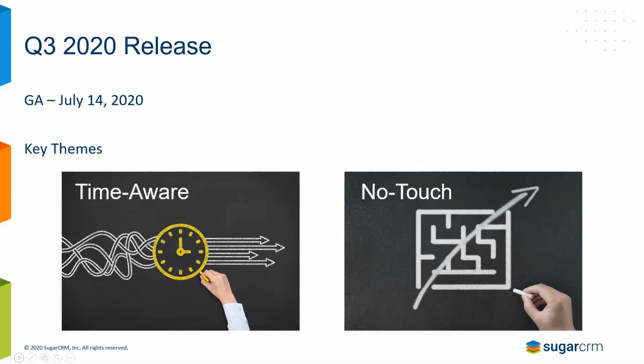The second one is no-touch information management. And this is a really easy idea. What no-touch really means to us is it's sort of a design philosophy. We're going through our products. We're working with our customers to watch them use our products. And what we're trying to do is eliminate anywhere where there's a lot of tedious manual tasks.